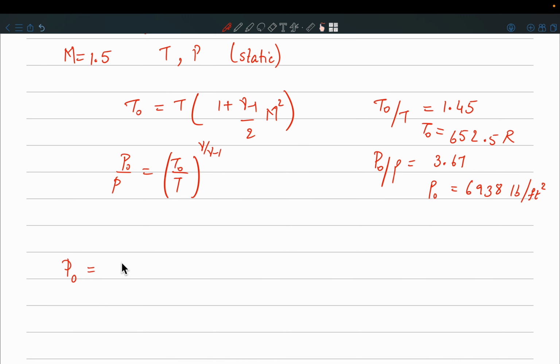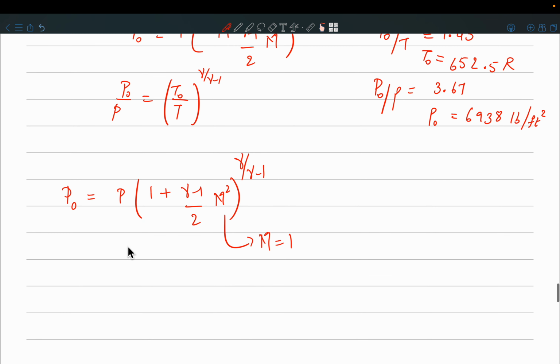P naught is equal to P into 1 plus 1 by 2. Okay, so here I'll put Mach equal to 1. If I put Mach equal to 1, then P becomes P star.